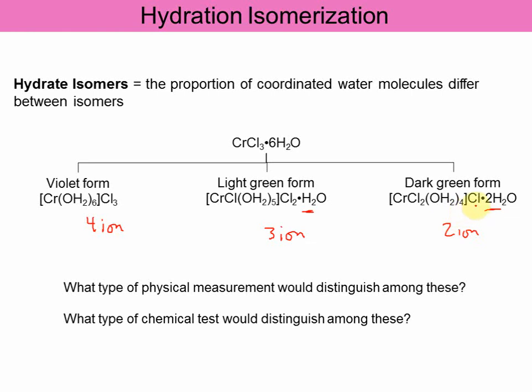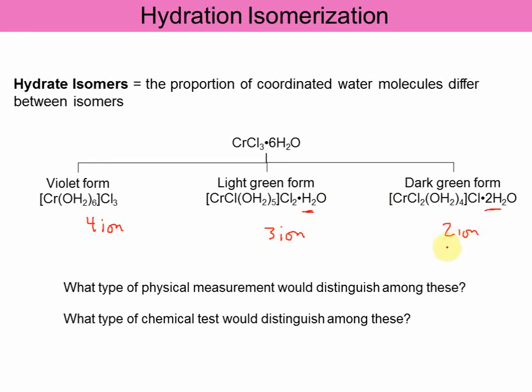We could actually use the conductivity of the solutions to distinguish between these different complexes. So with 4 ions that are formed, this violet form should form a solution that conducts electricity better than the 3 ion, and that's even better than the 2 ion complex. We can also use UV vis spectroscopy to look at the different colors between these two.